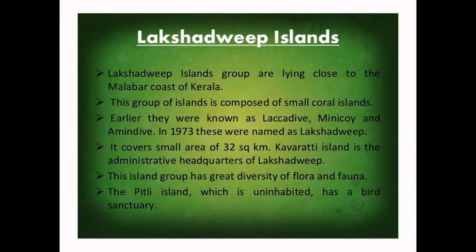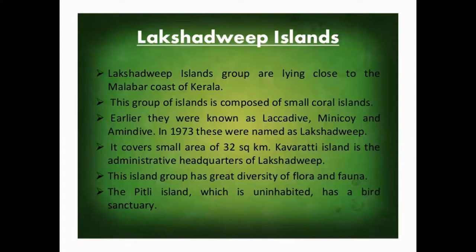Lakshadweep means 100,000 islands. It is a group of 36 islands in the Arabian Sea. The southernmost point of these islands is slightly north of the independent island country of Maldives.